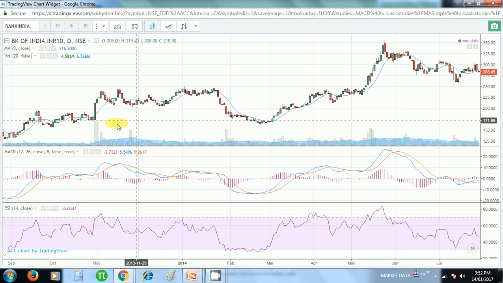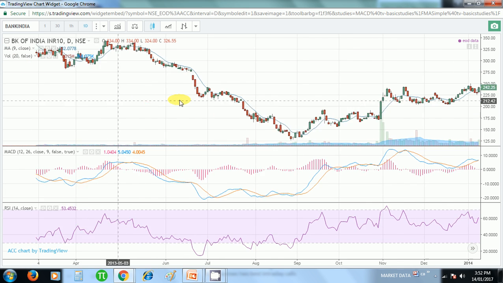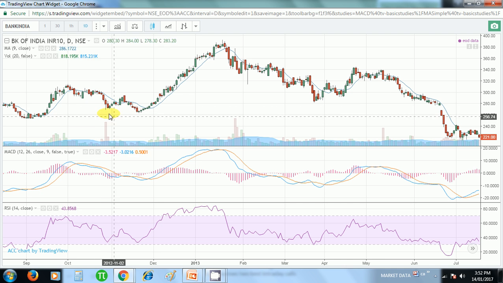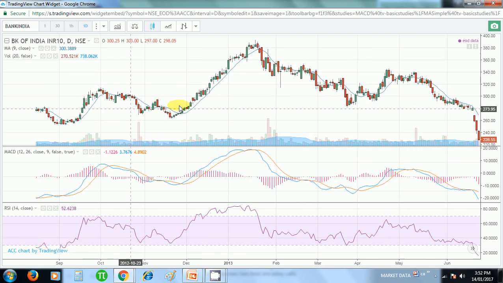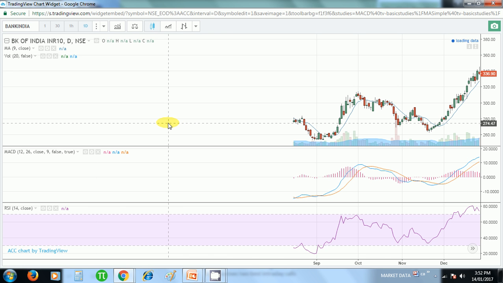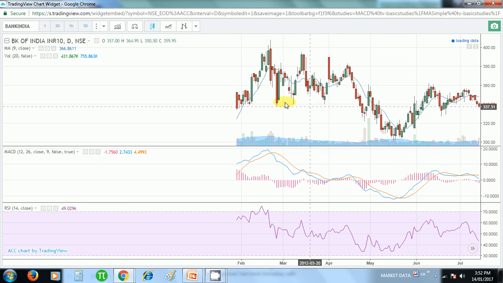It's taking time to load. Just wait for it. I think around 2010 this pattern was found here on the daily chart. From that day Bank of India has still not got that value.